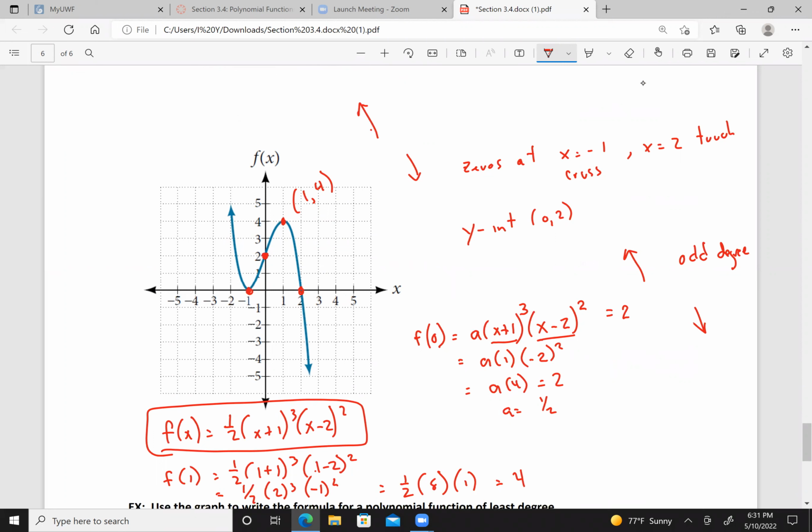We have a 0 at x equals -1. That gives me x plus 1. And I have a 0 at x equals 2. That gives me x minus 2.